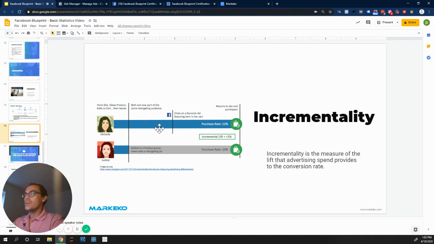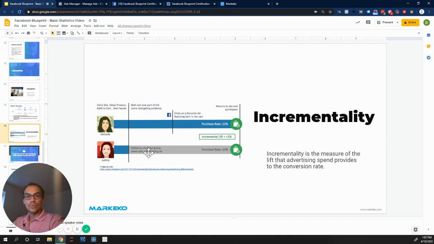So I'm going to have a test group, which is going to be Michelle. She's going to actually see ads. After she adds the product to the cart and leaves, I'm going to use dynamic ads to keep showing her ads for a specific amount of time. And Justine is going to be in my control group, or my holdout group.